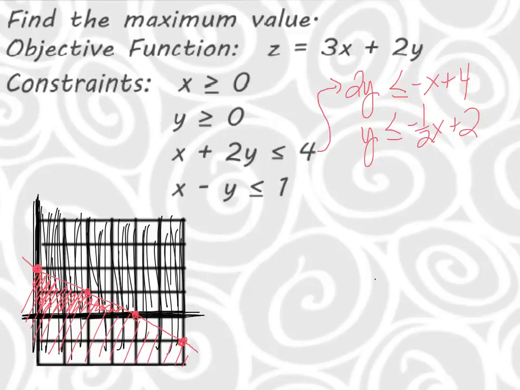And then the last constraint, let's put that one into slope-intercept form. I'm going to subtract the x to the other side and divide by -1. Remember that dividing by a negative will flip your inequality. Then the y-intercept is a -1, and my slope is rise 1, run 1.